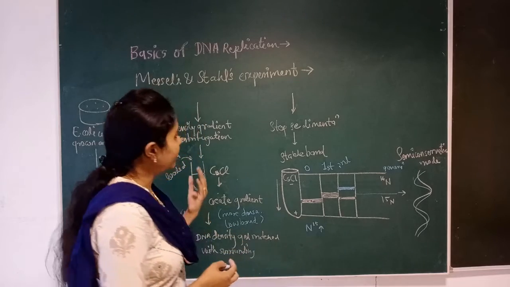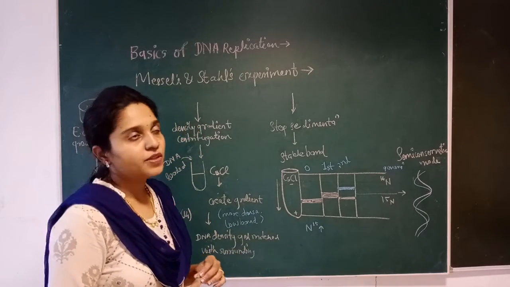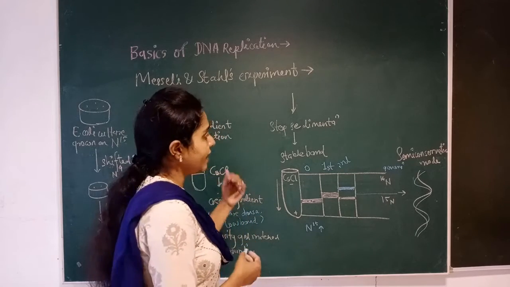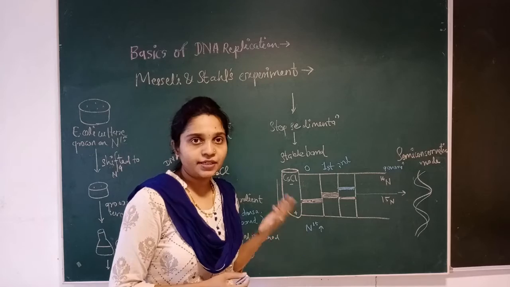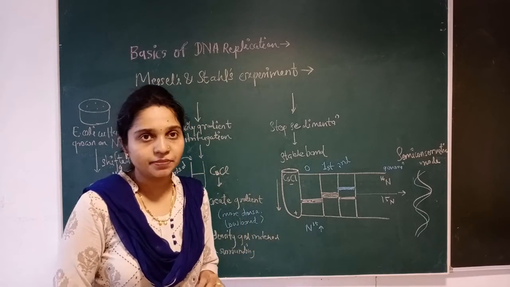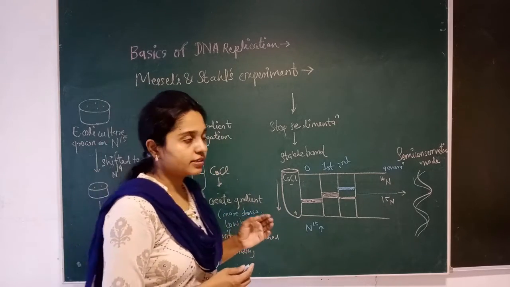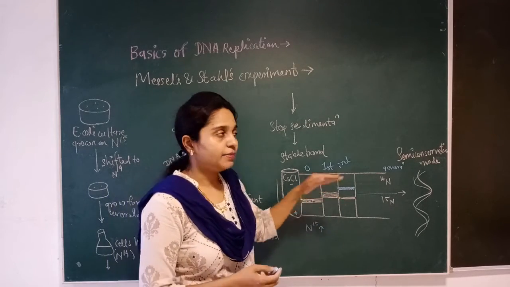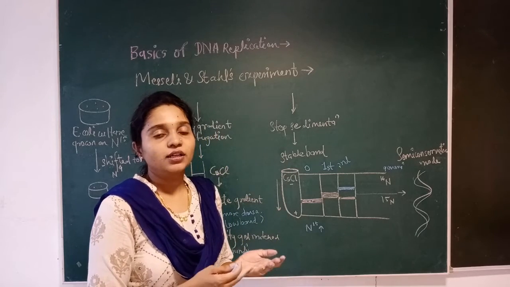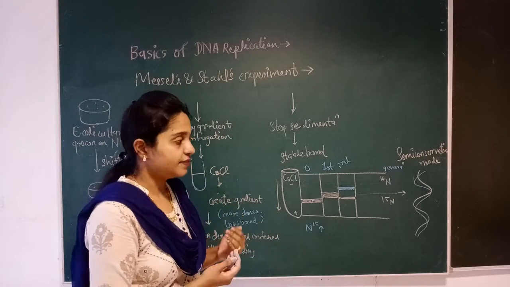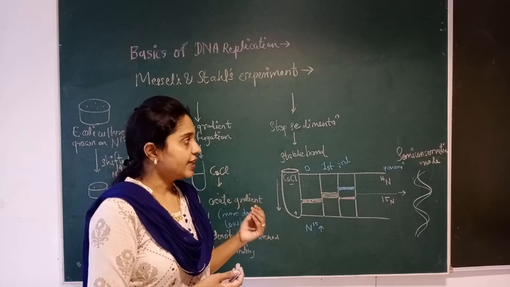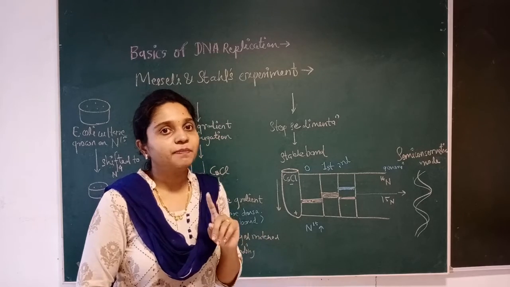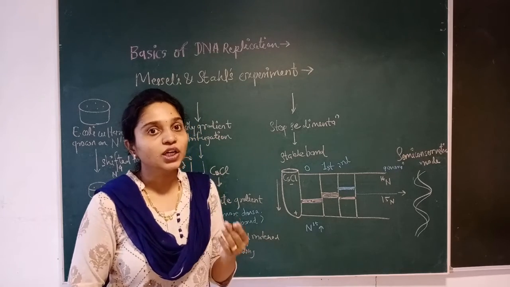When it is shifted to the N14 medium, it creates an intermediate band between the N14 containing medium and N15 containing medium. The result is 50-50%. In the case of the semi-conservative mode of replication, one will be the parental strand and one will be the daughter strand.